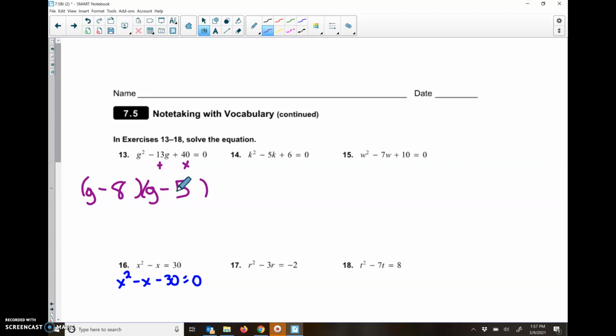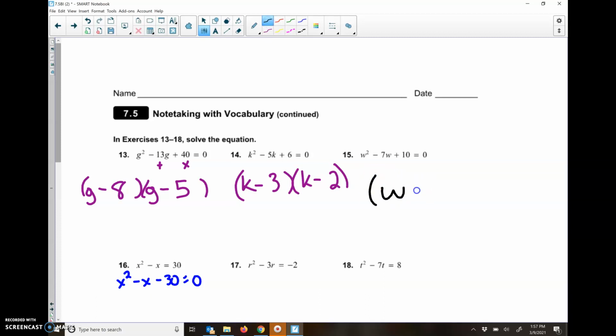Negative 8 plus negative 5 is negative 13. Okay, same thing here. So k minus, k minus. So two numbers that multiply to positive 6, but when you add them, give you a negative 5. So 3 and 2. Negative 3 times negative 2 is positive 6. Negative 3 plus negative 2 is negative 5.